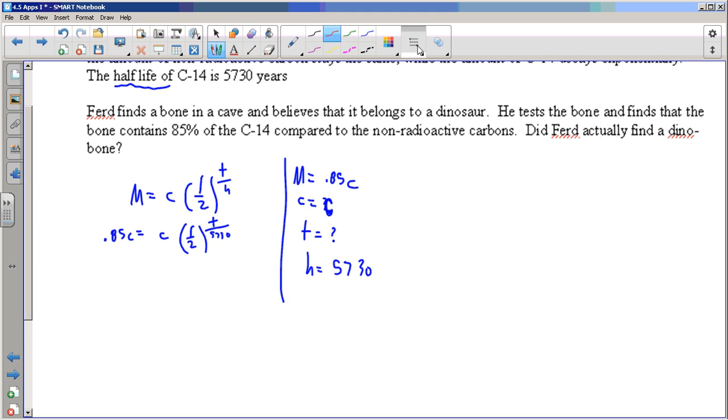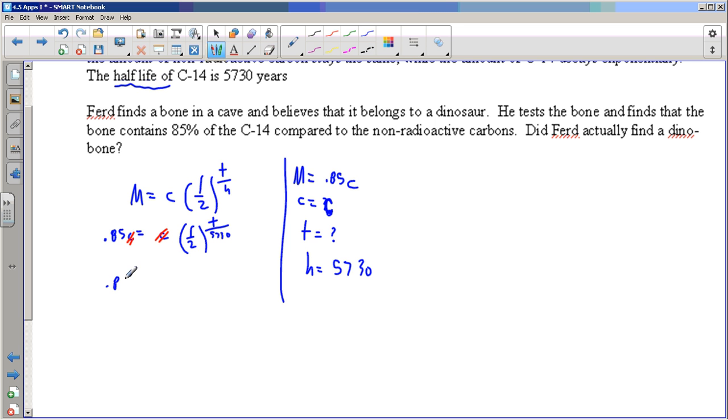Notice that at some point I'm going to want to get my unknown, t, out of the exponent, but how do I do that? I'm going to take the log of both sides eventually, but I've got to get rid of the c. Notice when I divide both sides by c, it's gone, and that's why it doesn't matter how much I start with. So what do I got?